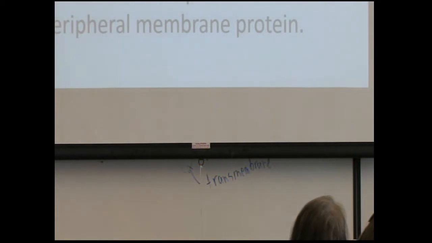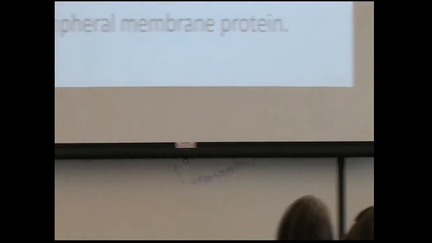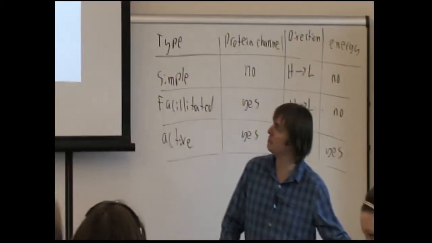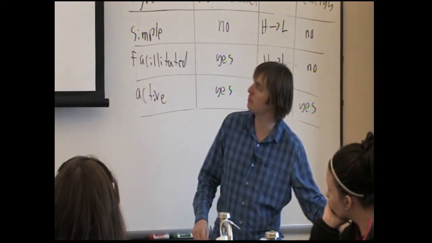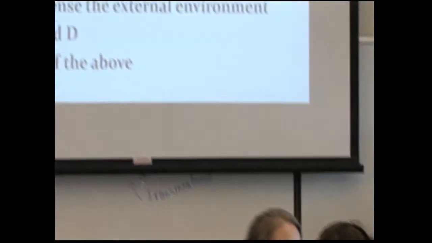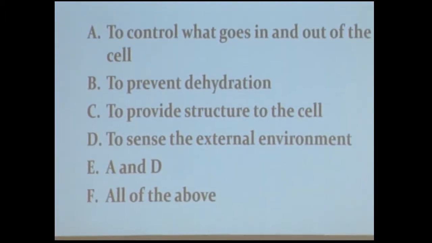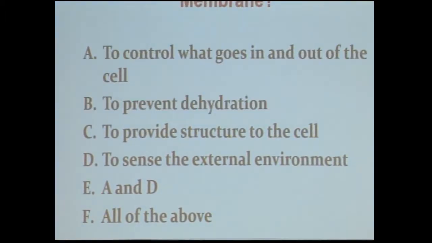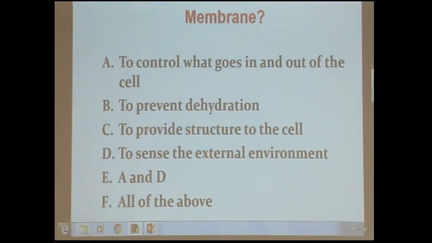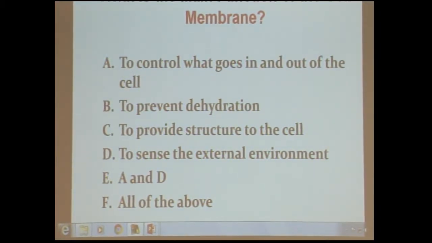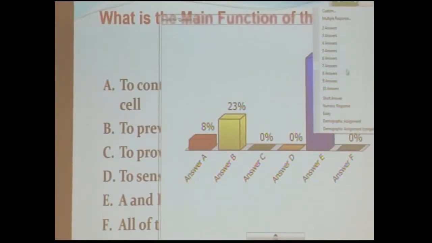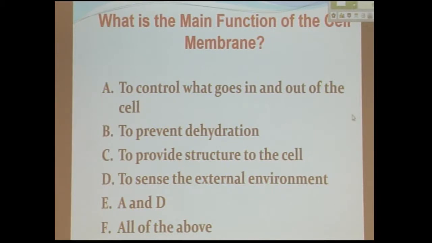It's not uncommon. I like to see who's a good artist or not. You get points for food colors. All right, what is the main function of the cell membrane, do you think?